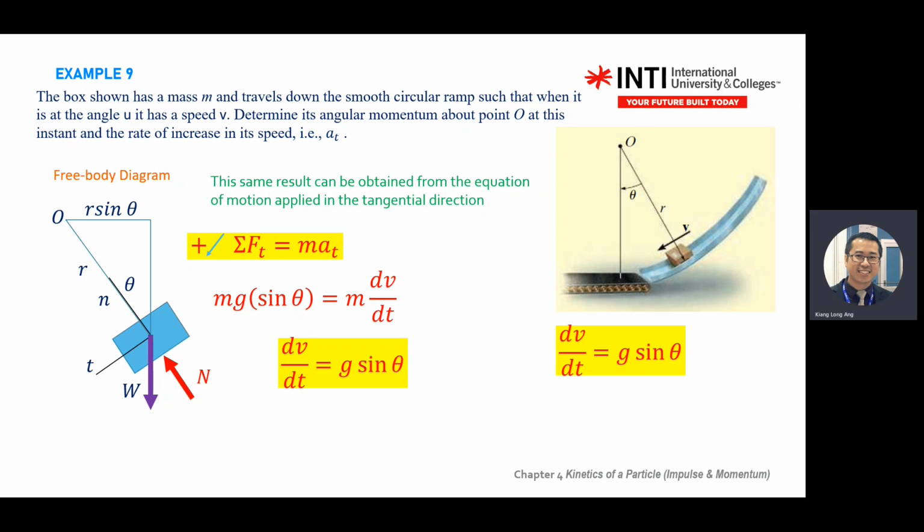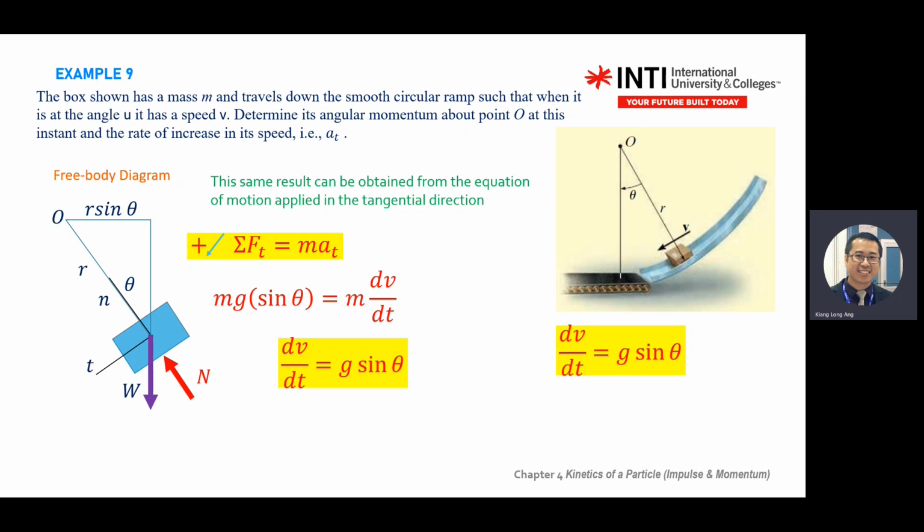Again, what is impulse? Integrate force dt equal to mv2 minus mv1. We write this one: mv1 plus the integral of F dt equal to mv2. This one becomes your principle of impulse and momentum.